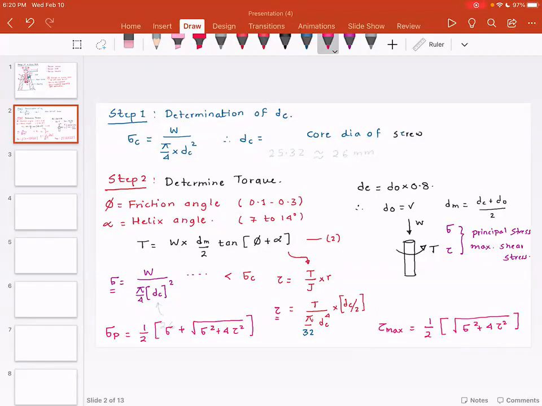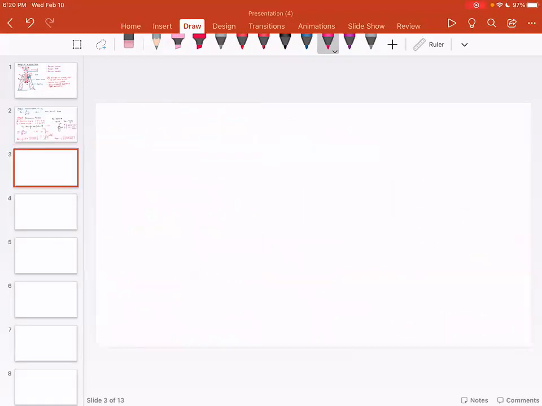Now we want to proceed further and find out the values for the nut. So next step is step 3. Height of the nut. Now there are various ways the height of the nut can be found out.